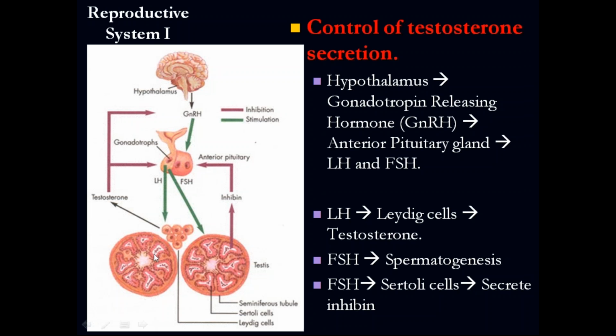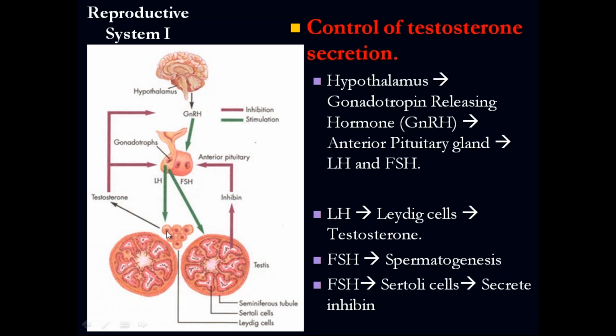So if you see here, FSH acts on the Sertoli cells for spermatogenesis, and LH acts on the Leydig cells to produce testosterone. When these are effective on the spermatogenesis and the testosterone, they are going to trigger some negative feedback. The Sertoli cells are going to release inhibin, which has a negative feedback on the anterior pituitary gland, controlling the rate of production of spermatozoids.